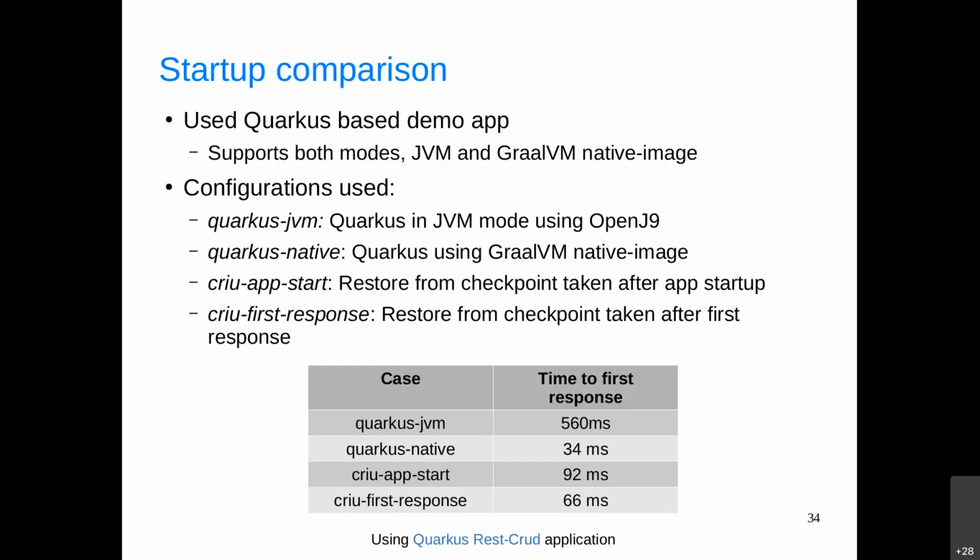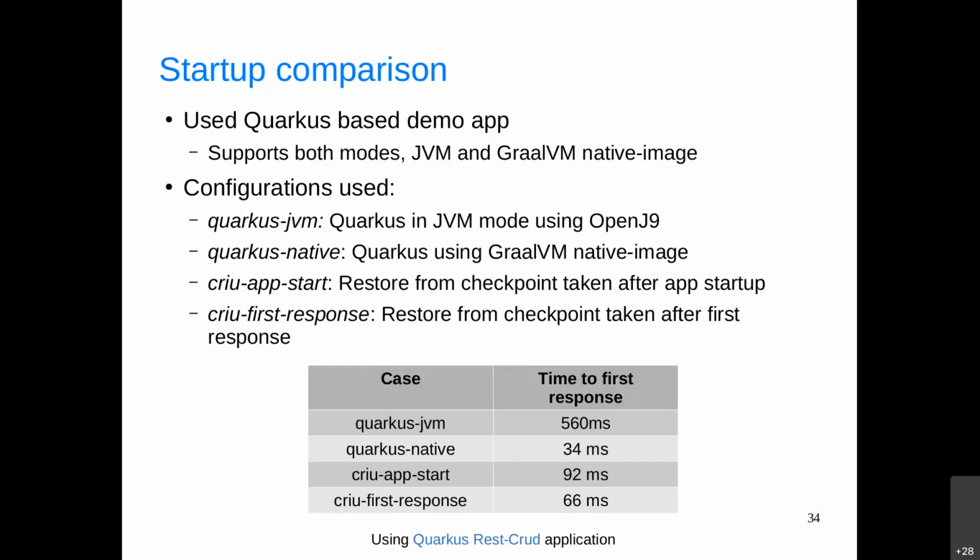The second was Quarkus native, wherein the application was created using GraalVM native image, which generated a native executable. The third was CRIU Xstart. Here the application was started by restoring it from a checkpoint, and the checkpoint was taken after the application had completed its startup activity.